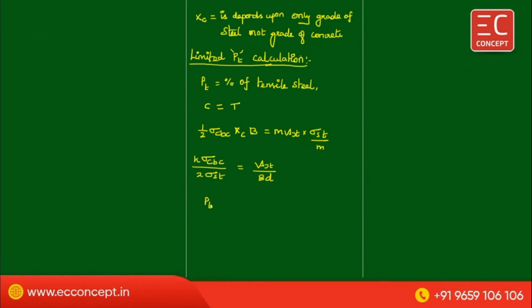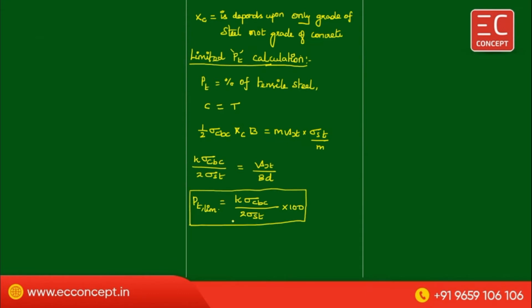Therefore, PT is equal to K sigma CBC divided by 2 into sigma ST into 100. So this is PT limited. At a critical point, you will get PT limited. Very, very important formula this.